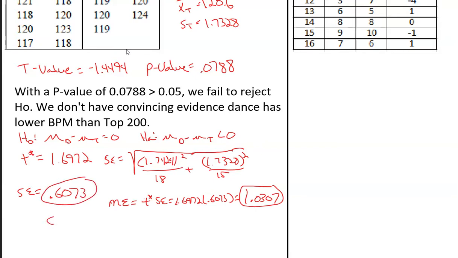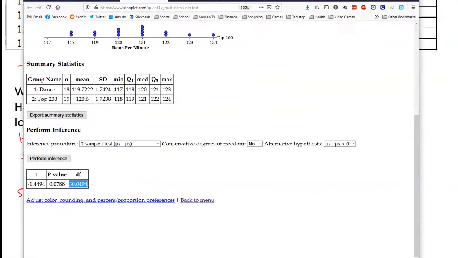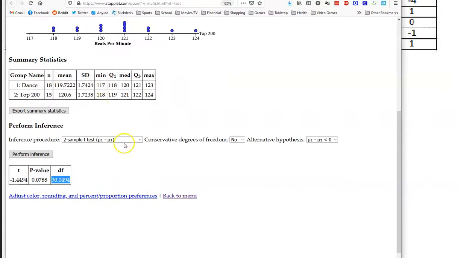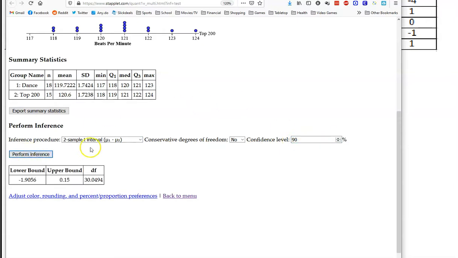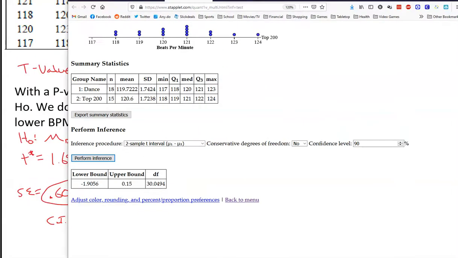And then my confidence interval for 90%. I would go back into my calculations here and just go to the confidence interval and set it at 90%. And there's my confidence interval from a negative 1.9056 to 0.15. So let's put that in.